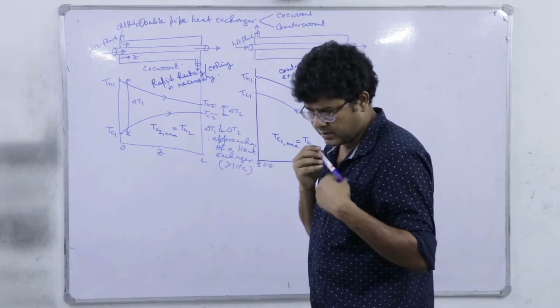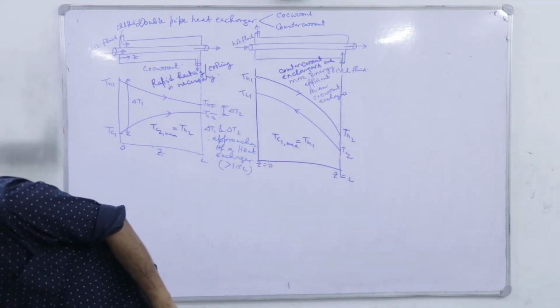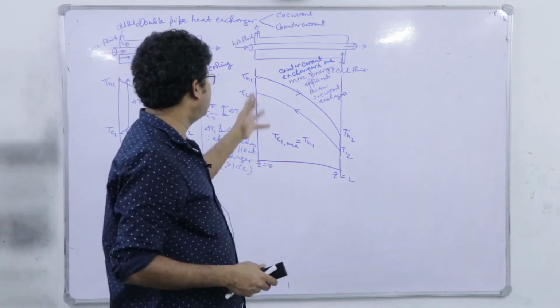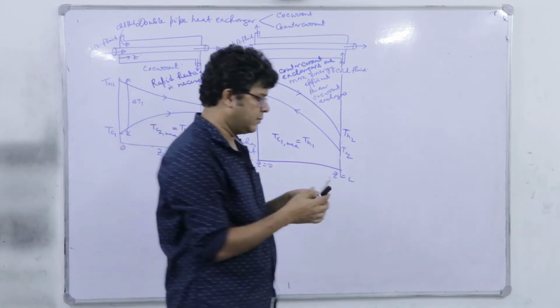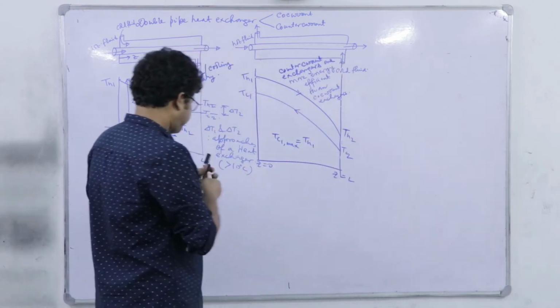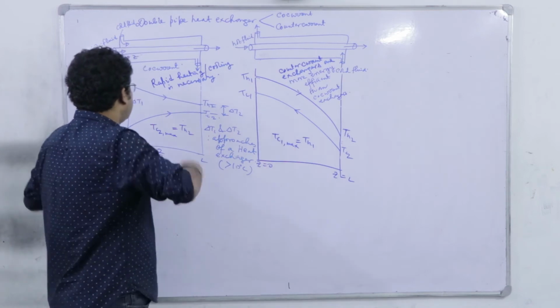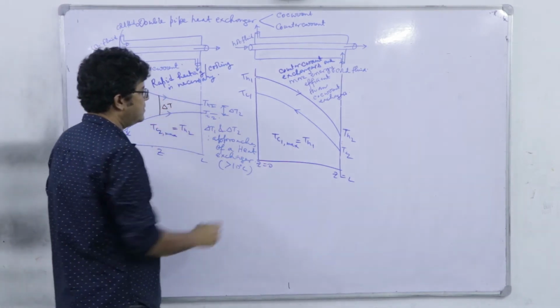So with this basic understanding of co-current and counter-current heat exchanger, let's now go for deriving this overall Q value. We can understand that see that this gap is basically the temperature difference, delta T, right?